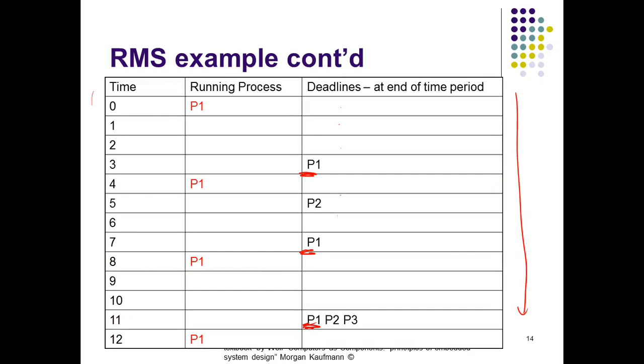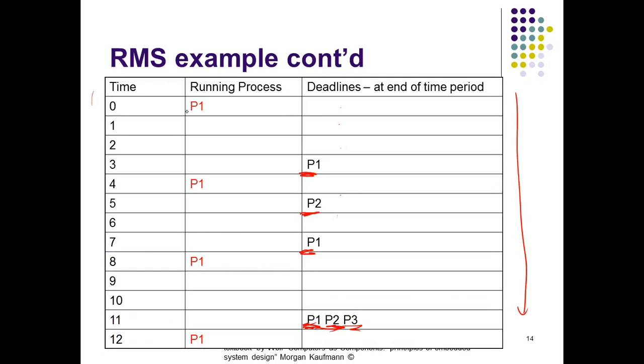P2 has a deadline of 6, so we just put in P2's deadline as 6. P3 has a deadline of 12. Okay, then how do I schedule it? Well, P1 is my highest priority process, so whenever it's available, I run P1.